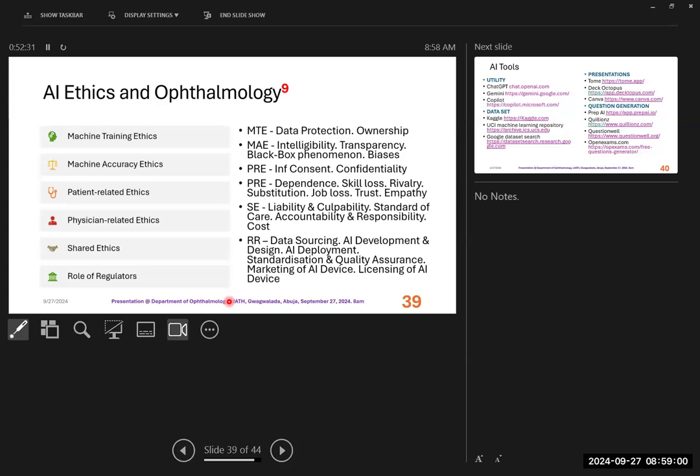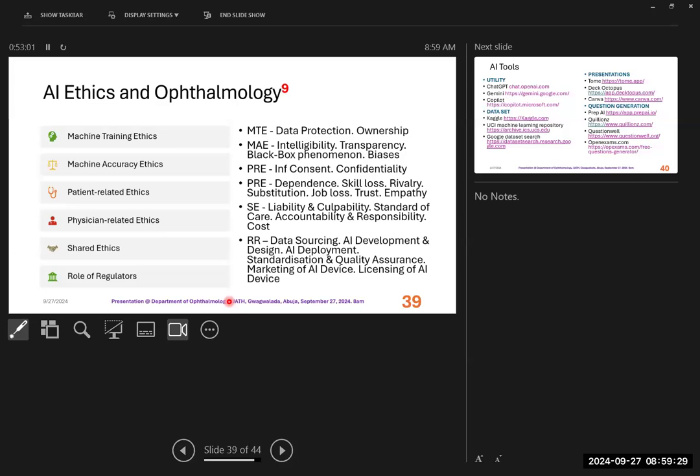The patient ethics is already very well known. But when you are now using AI on patients, there are certain ethical issues that are being generated. Then physician-related ethics or health worker-related ethics, because the care of patients is not done by only physicians.